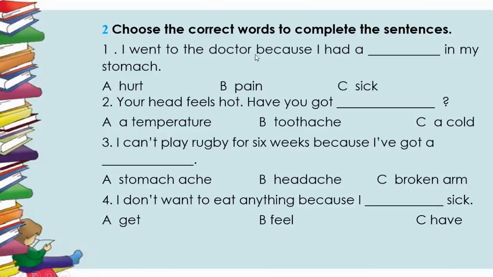I went to the doctor because I have a blank in my stomach. What is the correct word? Hurt, pain, or sick? Look at this example. Pain. Pain is the correct word. Excellent. Let's continue.